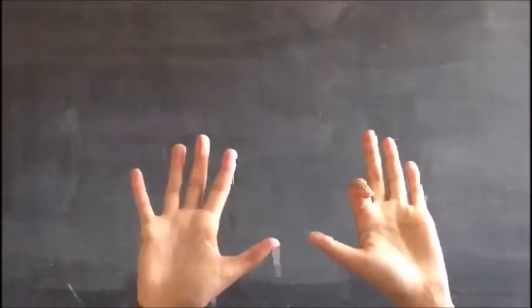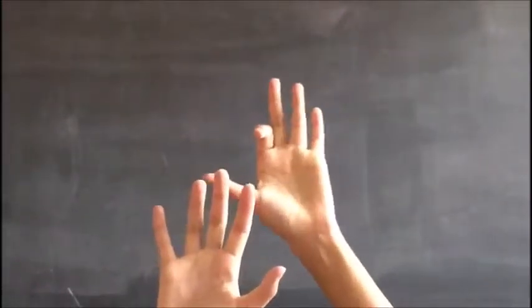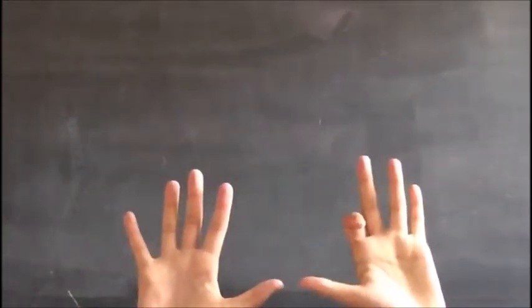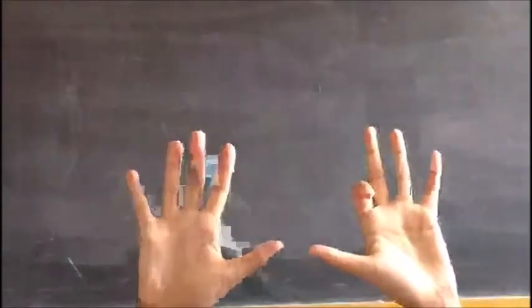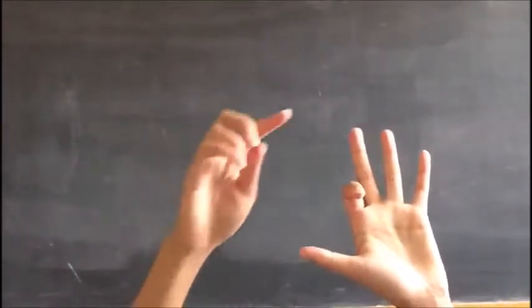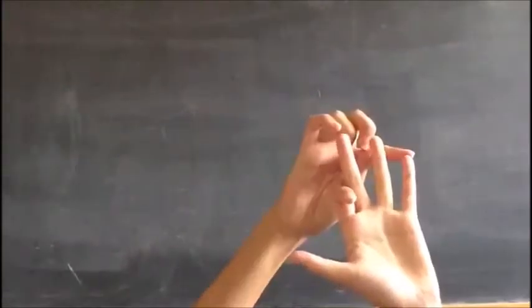Now we have to count up how many fingers are remaining to see what goes in our 10 spot. We have 1, 2, 3, 4, 5, and 6. That means we have 6 in our tens digit spot. Now, to figure out our ones digit spot, we just have to count up the rest of the numbers, which is 1, 2, and 3.